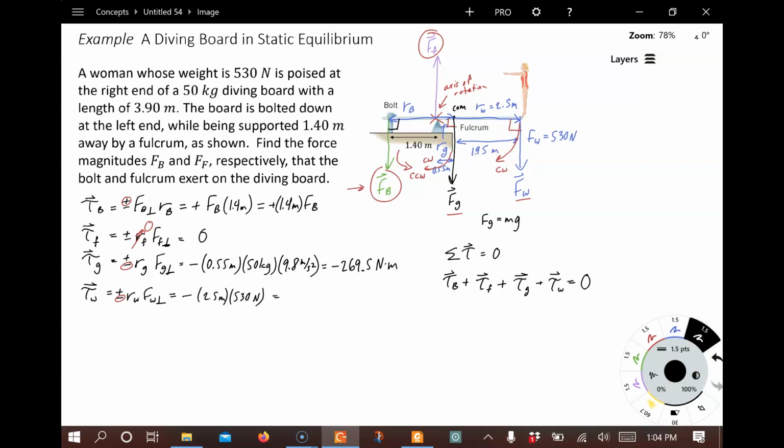And for the next one we have here, negative 1,325 newtons times meter. Now what are we going to do?